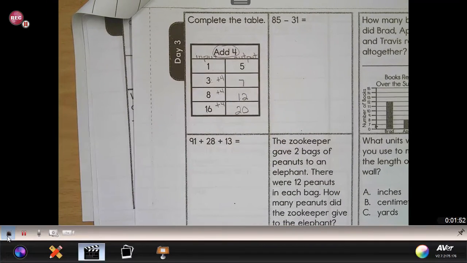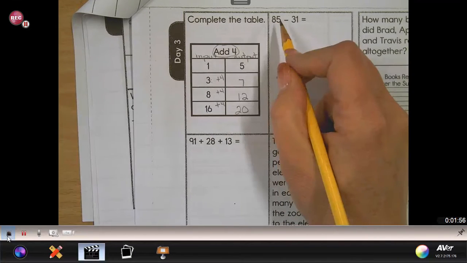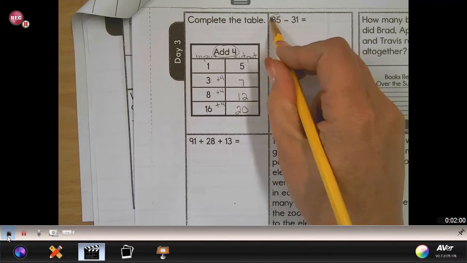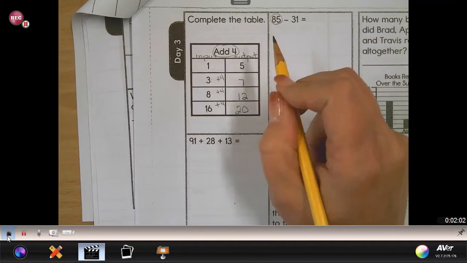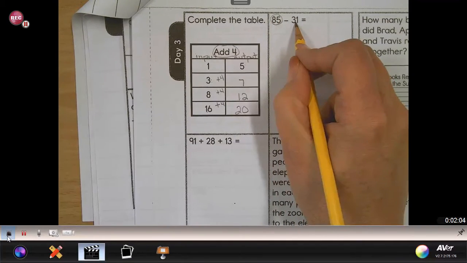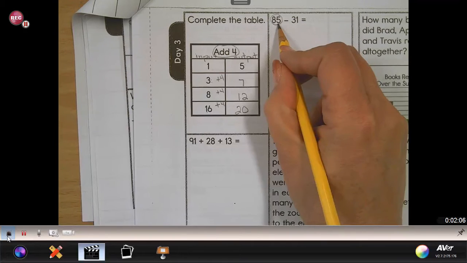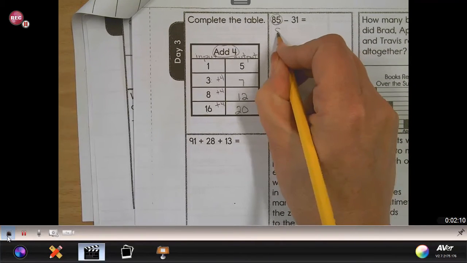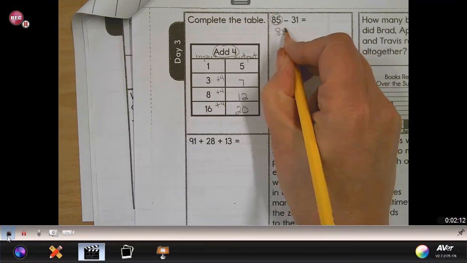Okay. So now let's take a look at our subtraction equation. It's starting with 85, which is our total. And from that 85, we're taking 31. So we have a couple of different strategies that we can use.